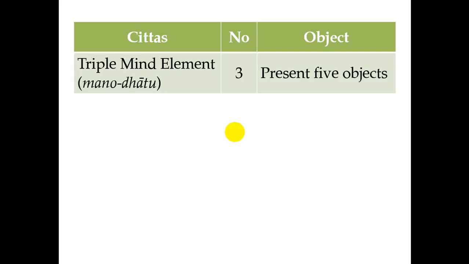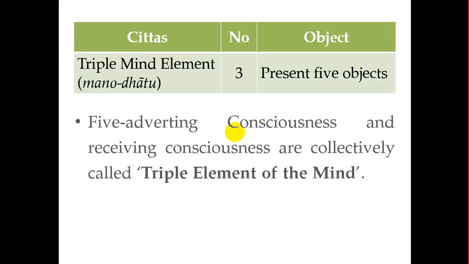So here, triple mind element. In Pali, we call it manodhatu. So triple mind element is five door advancing consciousness and receiving consciousness. As we all know, when we see an object with the eye, before we see with the eye consciousness, there is a five door advancing consciousness.